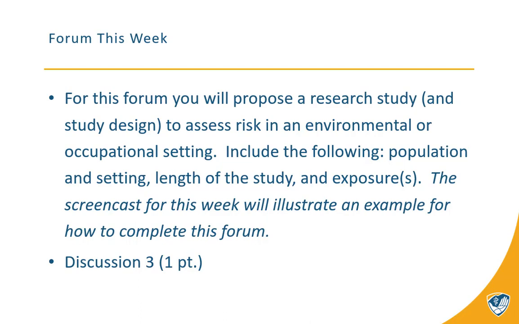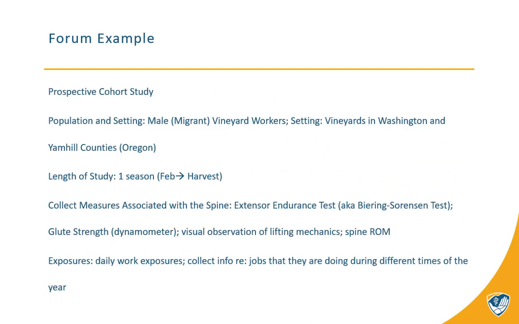I've got an example I think coming up later on in this, and so that's what it says there. The screencast for this week will illustrate an example for how to complete the form. And that discussion is worth 3 points. There's also a homework assignment that is due this week that is somewhere around the same topic.